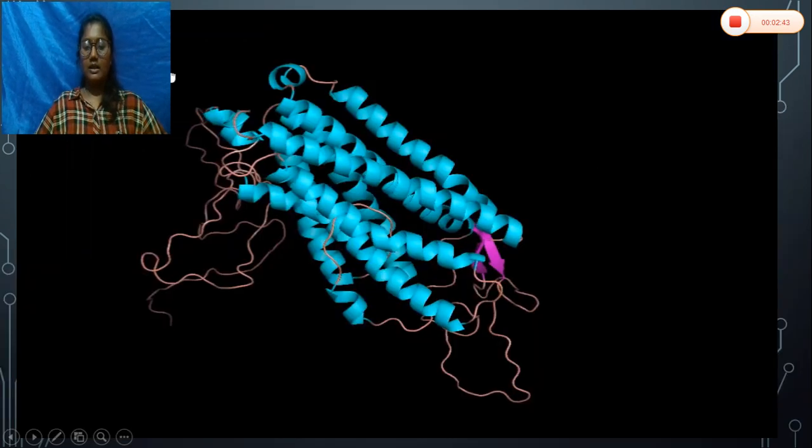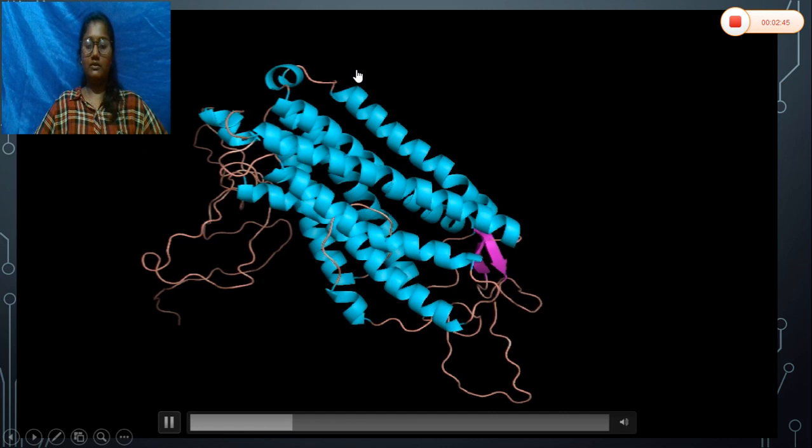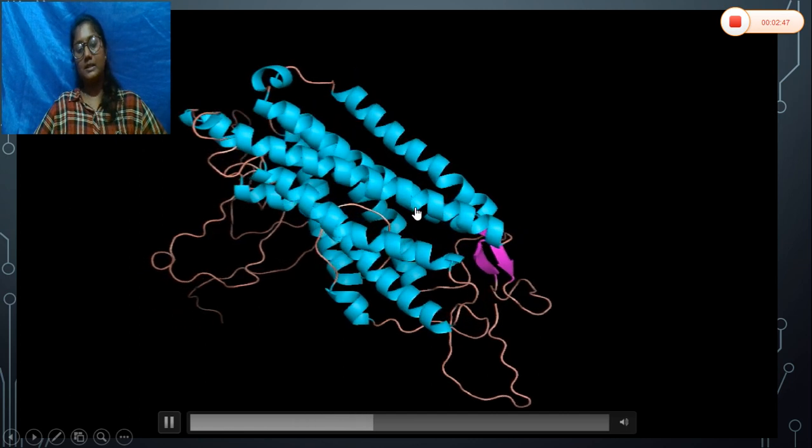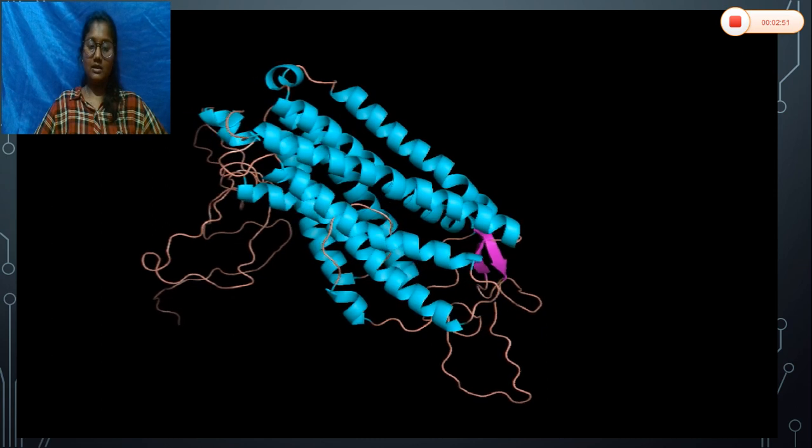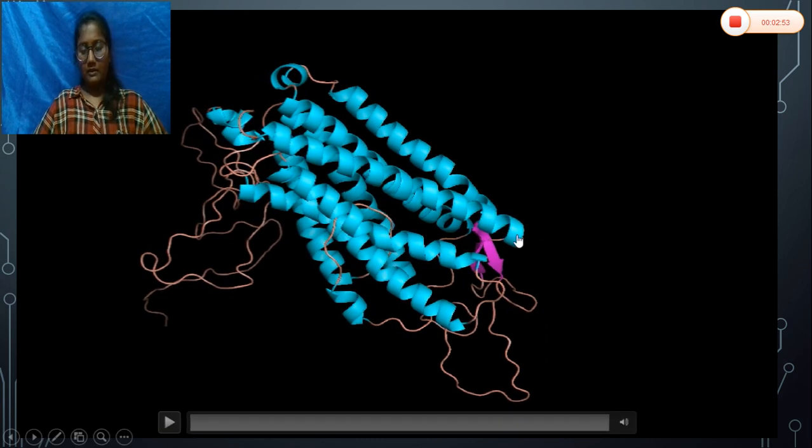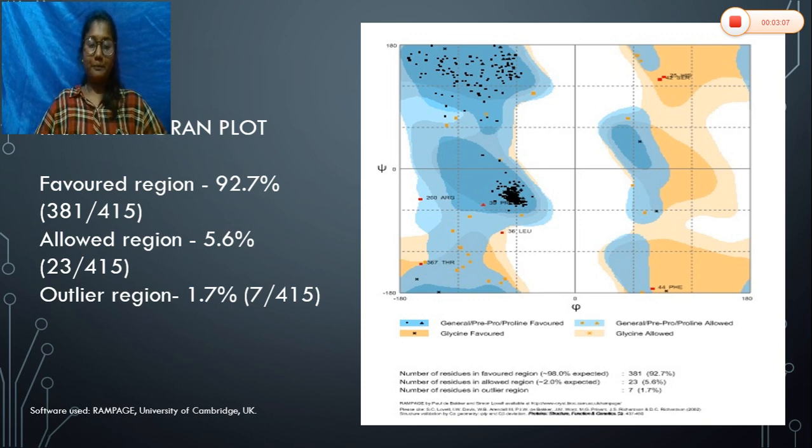On structural analysis of this model, we see that it is a typical GPCR with 7 transmembrane alpha helices connected by loops. We can also see that there is a small stretch of anti-parallel beta sheet in between the 4th and 5th helix. This model was validated by plotting a Ramachandran plot.